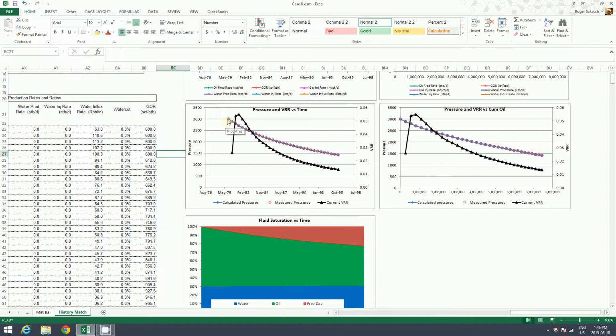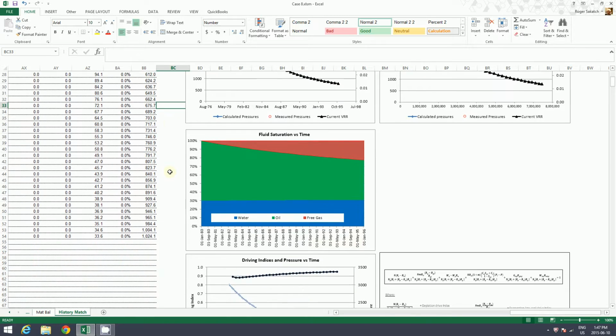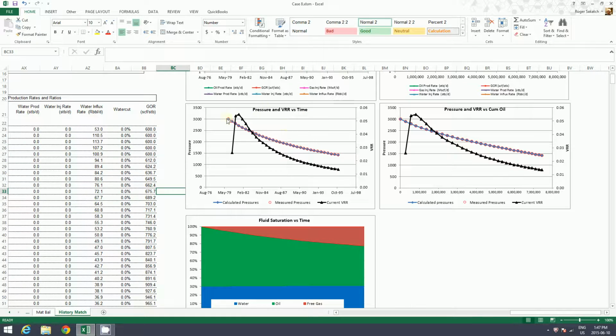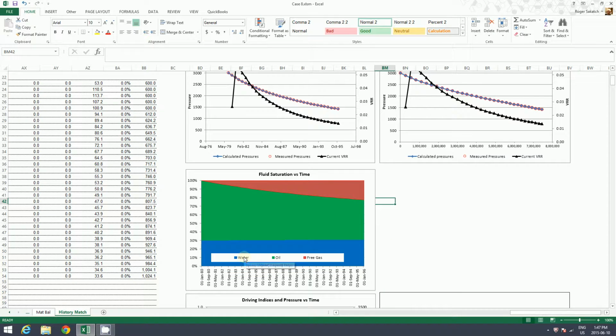I suppose one of the main points is that the pressure is dropping. We're clearly seeing some dropping pressures in the reservoir, and that initial pressure was the bubble point pressure. So consequently, when we scroll down to look at this graph down here, this is a plot of fluid saturation over time. We're seeing that in the red, we're seeing an increase in free gas saturation as time proceeds. And that's simply due to the fact that our pressures continue to fall further and further below the bubble point, allowing those gas saturations to increase.